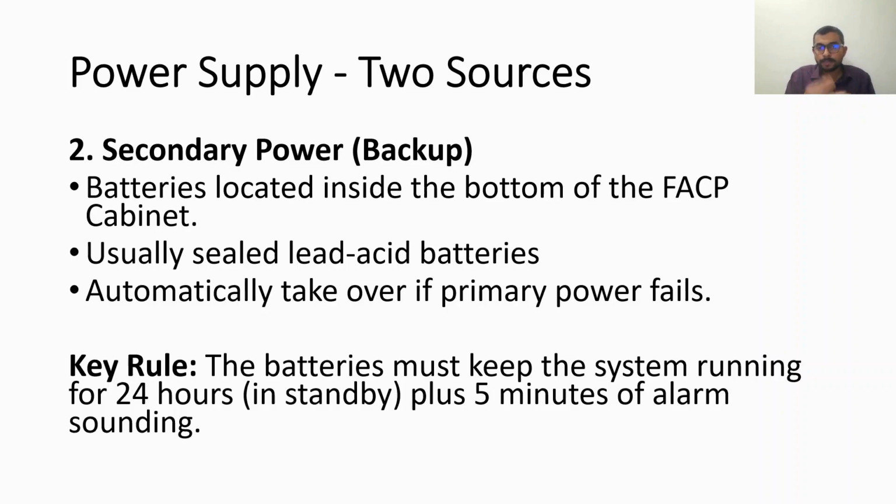Now, in case there is a power cut or power interruption, automatically the power transition takes place from the primary power to the secondary power. If the primary power fails, then the secondary power will automatically take over and run the panel. So the batteries will come into action.